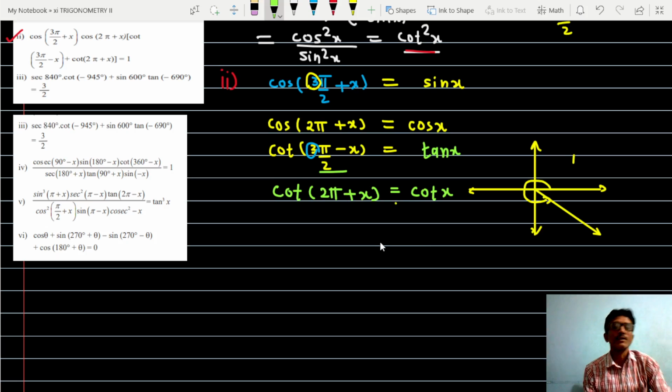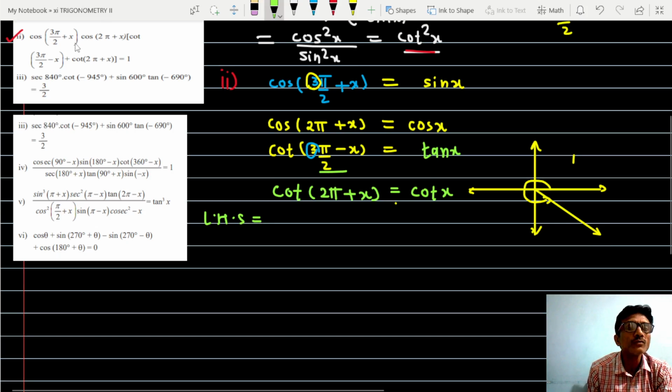Now in LHS, see here LHS, what is LHS, cos of 3 pi by 2 plus x, that is equal to what, sin x, then into cos of 2 pi plus x, what is 2 pi plus x, cos of 2 pi plus x is cos x.